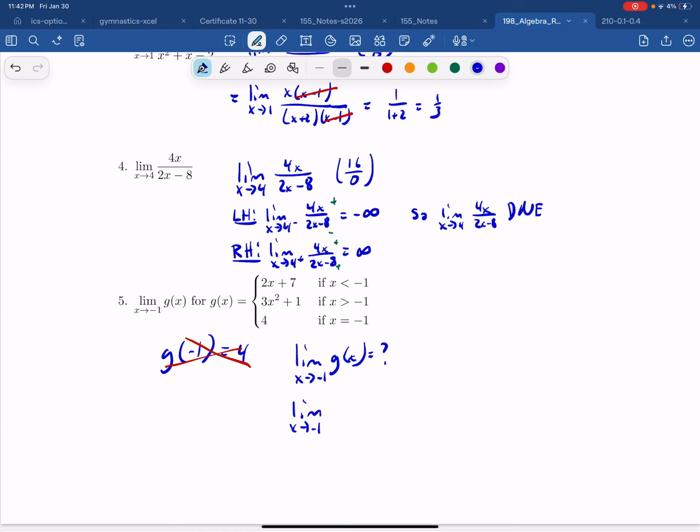Limit as x approaches -1 from the left of g of x equals the limit as x approaches -1 from the left of 2x plus 7, because that is what is defined when x is less than 1. So that's what the graph is doing when x is less than 1. Okay? So at this point, we can plug in -1, and I think we get 5.